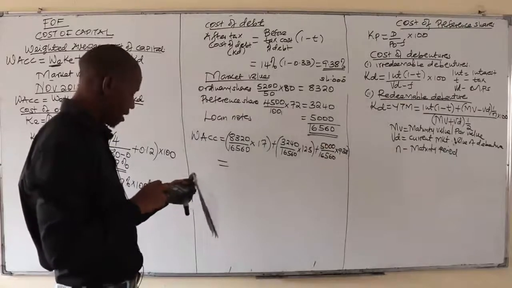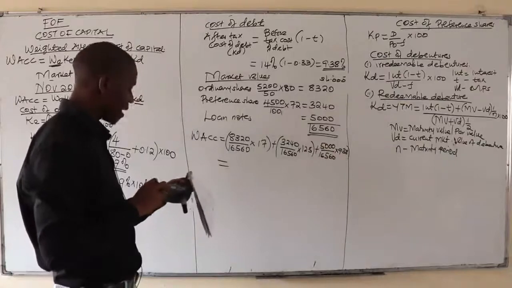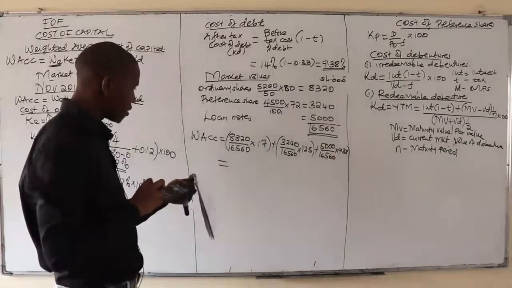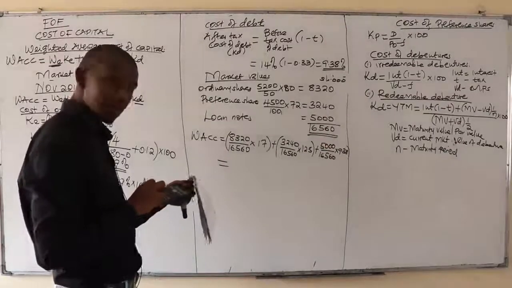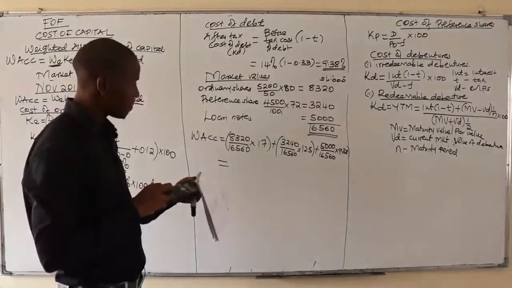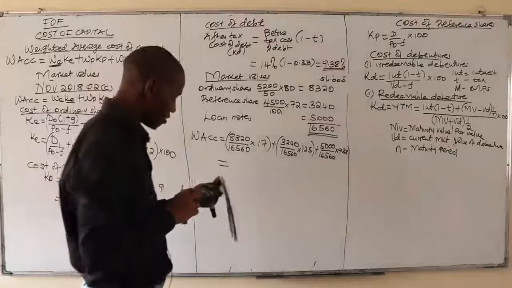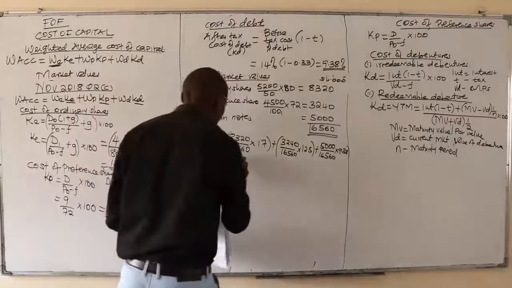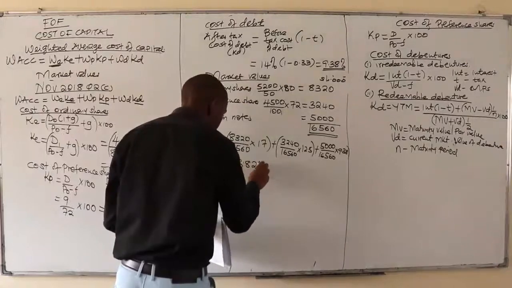You divide by 16,560, multiply by 17, plus 3,240, divide by 16,560, multiply by 12.5, and plus 5,000, divide by 16,560, then you multiply by 9.38, which in that case is giving you 13.82%.